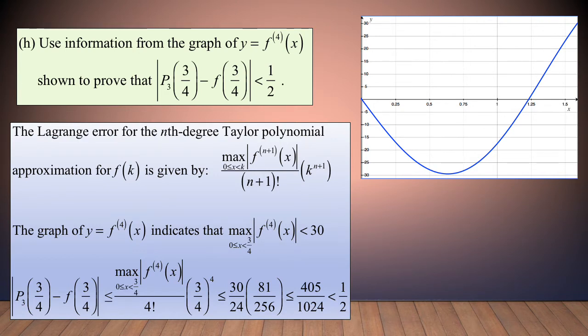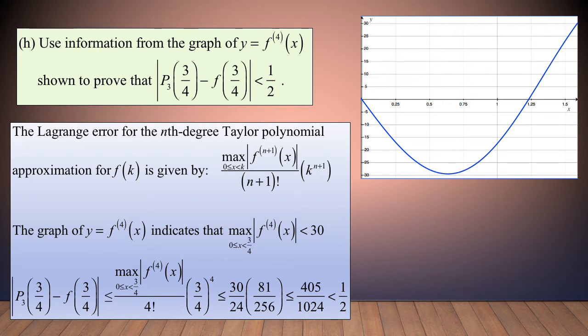The Lagrange error for the nth degree Taylor polynomial approximation for f of k is given by the maximum value, where x runs from 0 to k, of the (n+1)th derivative of x all over (n+1) factorial, times k raised to the n+1. Since we are working with the third degree Taylor polynomial, we are interested in the fourth derivative of x, and we have a picture of that.